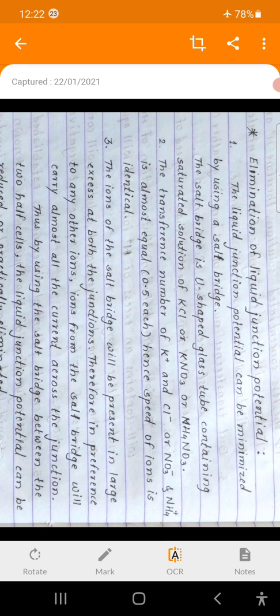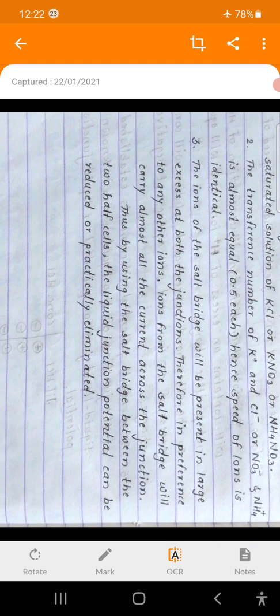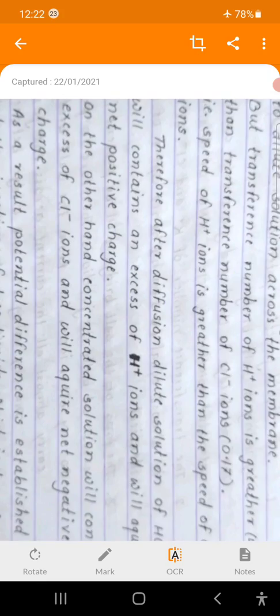One end of the salt bridge is dipped in one solution, and the other end is dipped in the other solution. Then what happens? The salt bridge neutralizes the charge difference developed. Here, in the dilute solution there is development of positive charge.